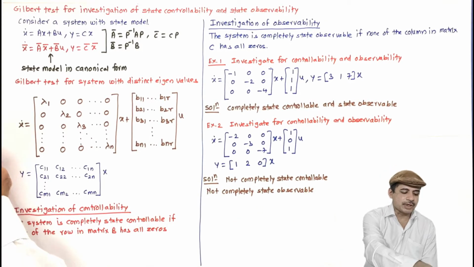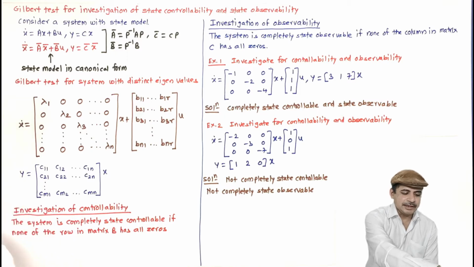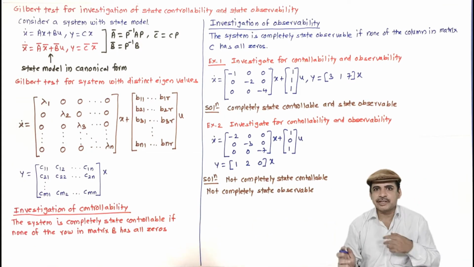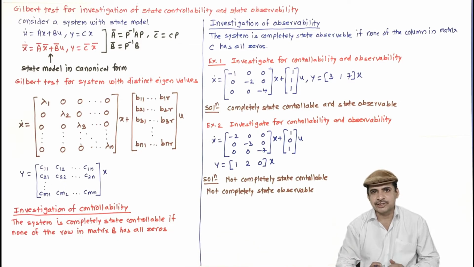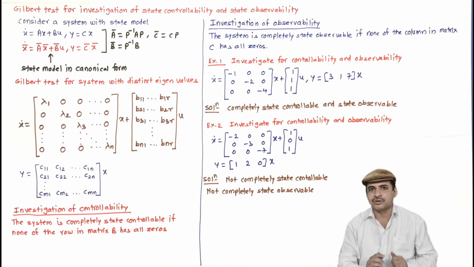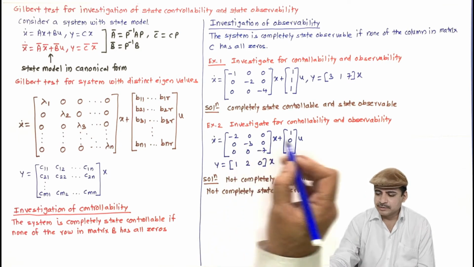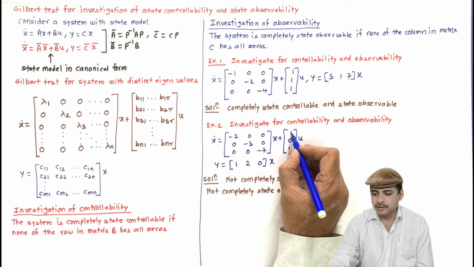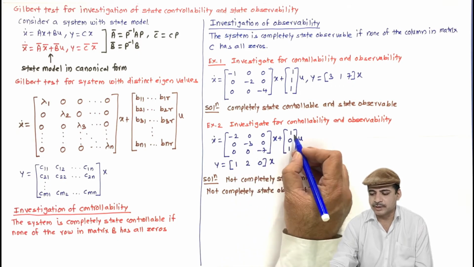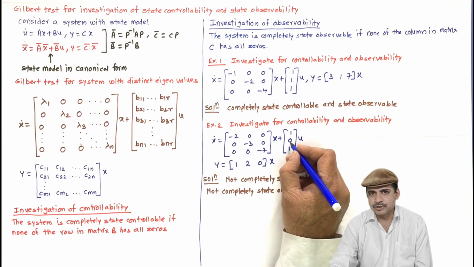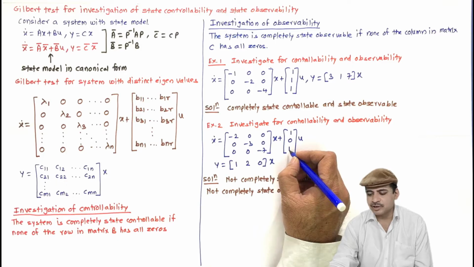Now I want to have some further conclusion that if it is not completely controllable, then which state is not controllable? Either all states are non-controllable or few states are controllable and few states are non-controllable. So this is related to x1. The row in B matrix corresponding to x1 has non-zero elements. So x1 is controllable, x2 is not controllable, x3 is controllable.